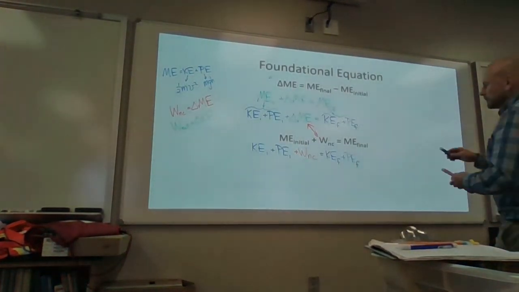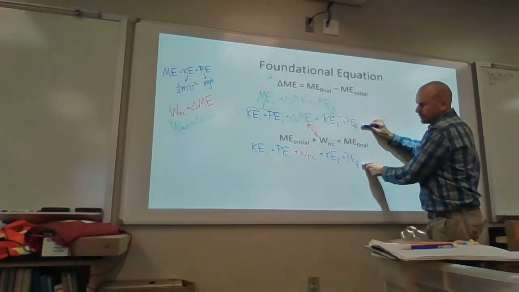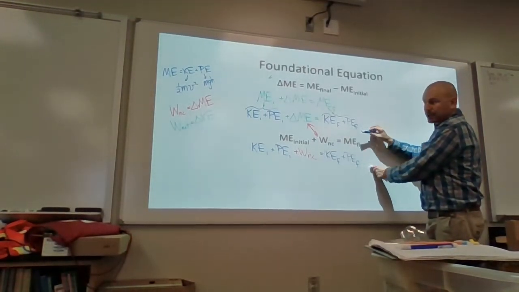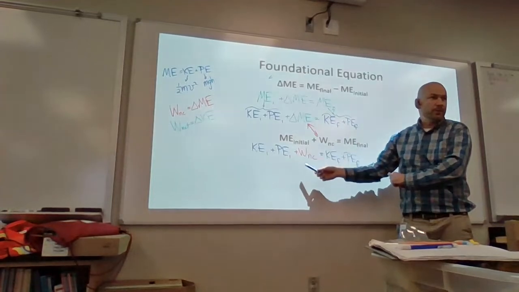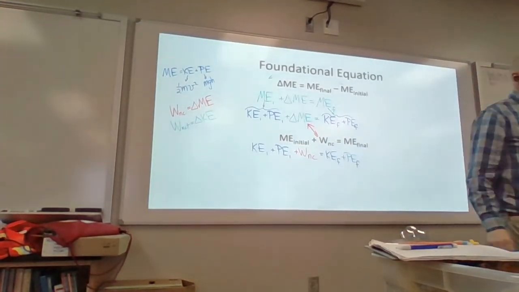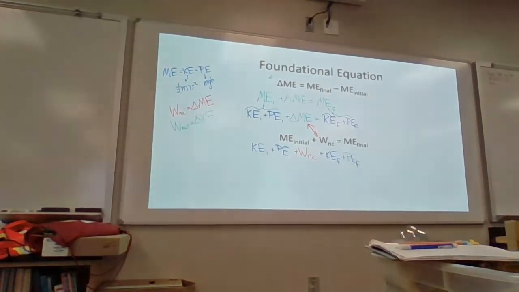Okay. These are saying the same thing, just one's in terms of energy, one's in terms of work. This is our original equation that we're going to start with a lot of things that I'll show you tomorrow. Okay. Good with that?